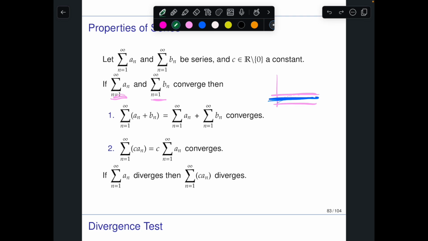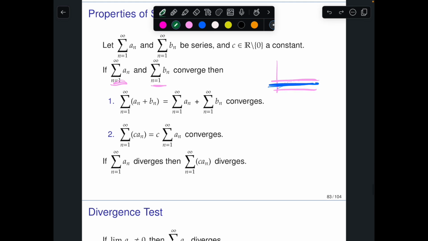You're not going to explode anywhere. And same for the constant. If you multiply by c, all you're doing is jumping it up or down by a certain amount. Let's say this is at 2 and c equals 3, then you just go up to 6. You're not going anywhere crazy because it's a constant.